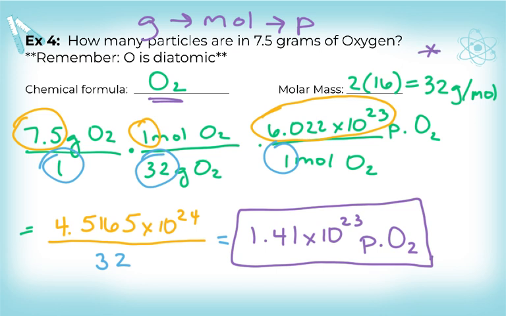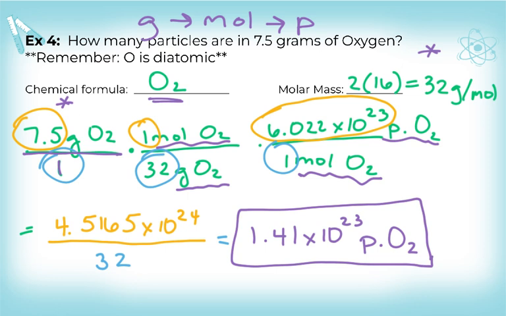And then with my setup, I have my given value, that 7.5 grams of oxygen, written over 1 so it's a fraction. And then my first conversion factor is going to cancel grams, leaving us with moles. My second conversion factor is going to cancel moles, leaving us with particles, which is what the problem asked for. And then I can go do my math. My yellow number on the top is all of my top numbers multiplied together.